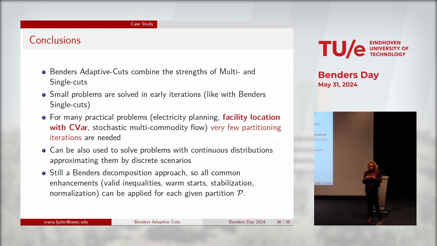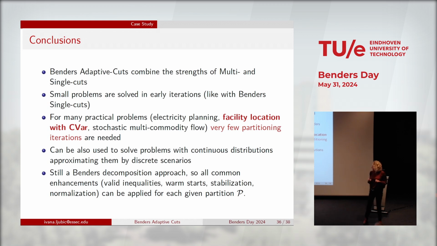Think of scheduling problems, think of facility location. Whenever we have this separable substructure, where we have many subproblems to solve, maybe we don't have to solve it for every single subproblem. Maybe we can aggregate them and look at the representatives and then only do this disaggregation on the fly. That's the major message.